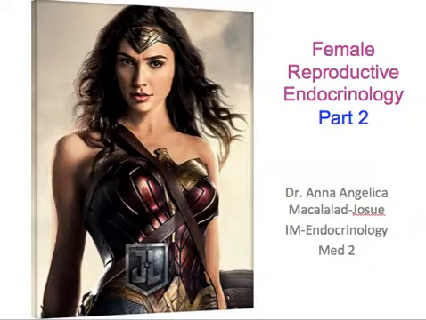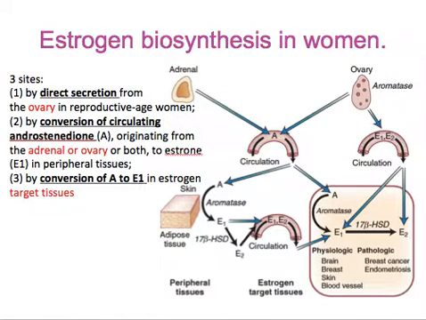So, your estrogen can be synthesized from three different sites, not just from the ovary, but that's the main source of your estrogen. Your estrogen can be secreted either directly from your ovary in reproductive age women, or it can be from the conversion of your circulating androstenedione, either from the adrenal glands or from your ovary.